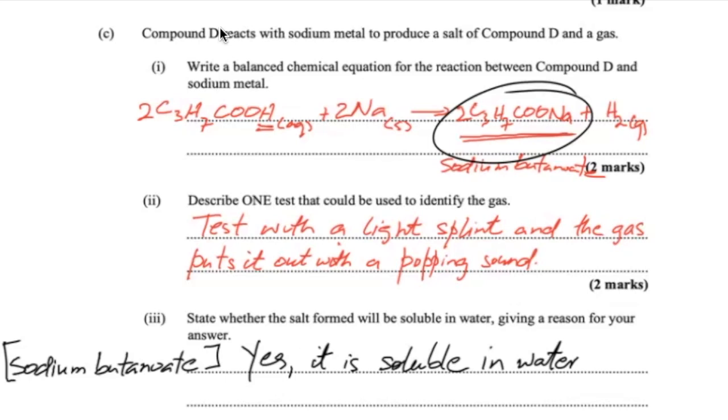Okay, so why is it soluble? Sir, because all salts with Na. Sir, I know the answer, but I can't explain it right now. No, that's right. All sodium salts, all salts of sodium.